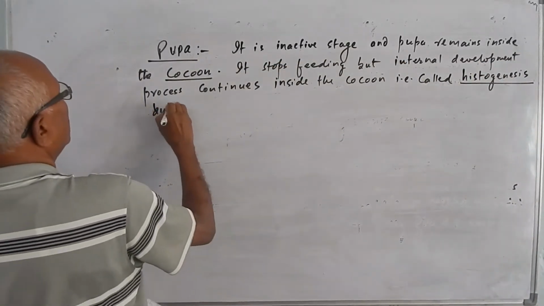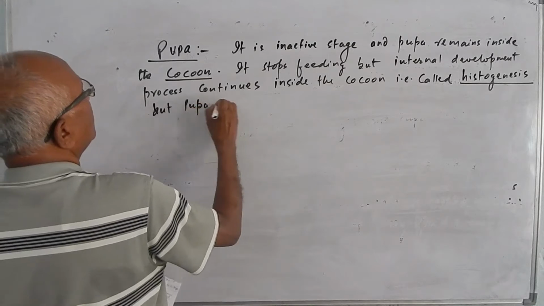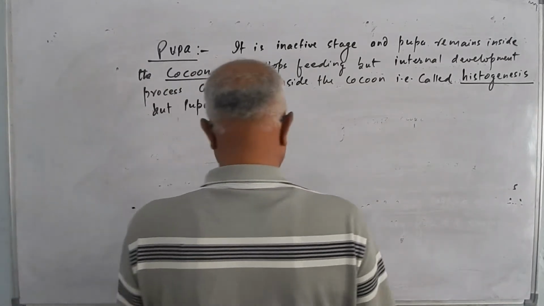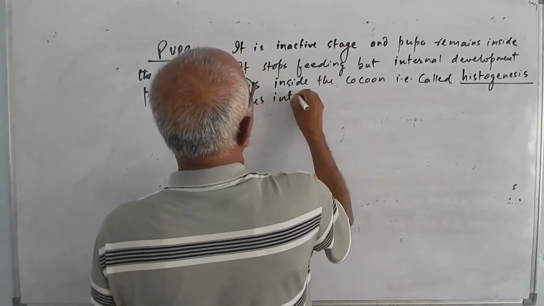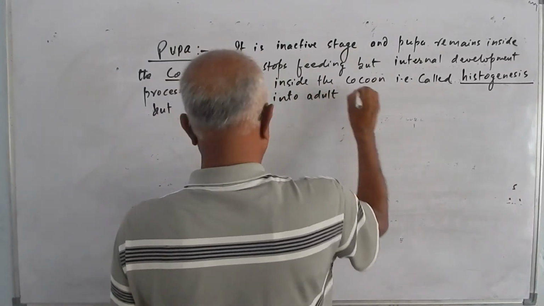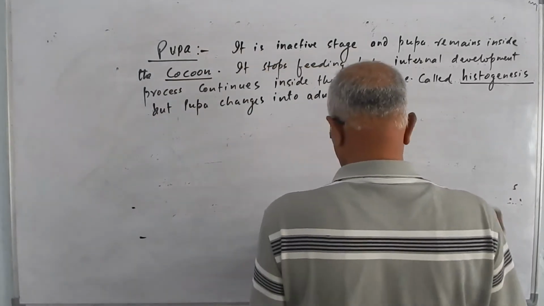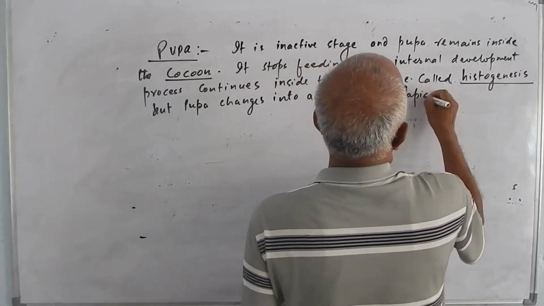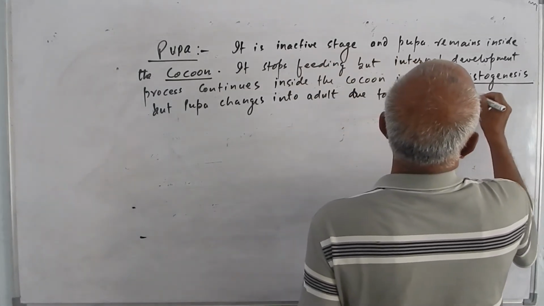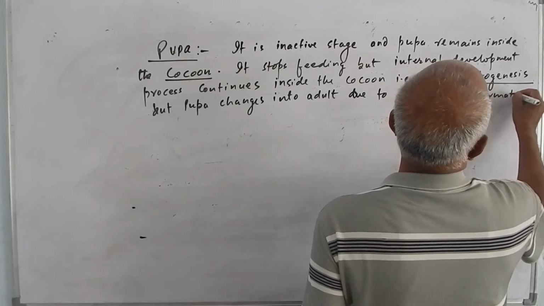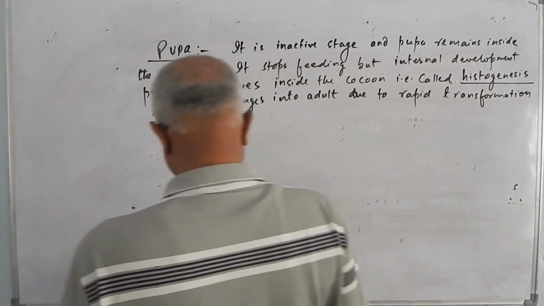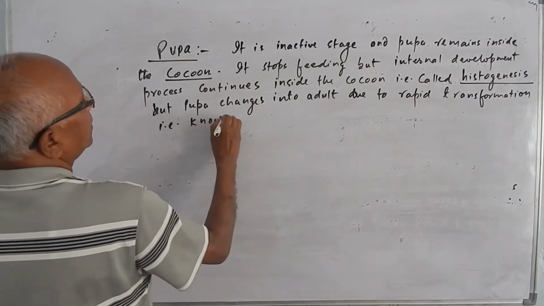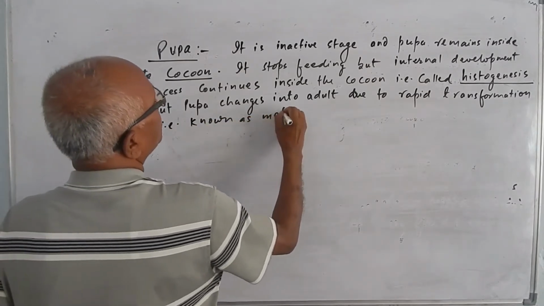But pupa changes into adult due to rapid transformation, that is known as metamorphosis.